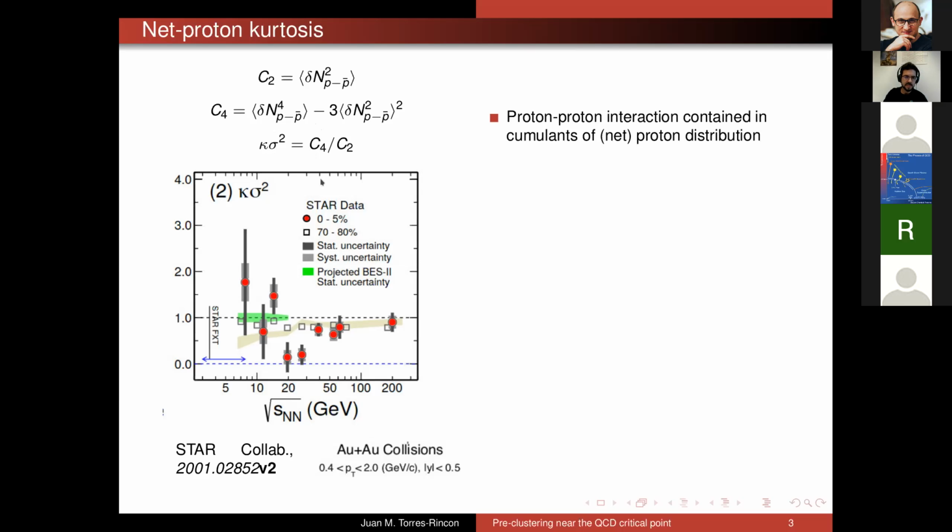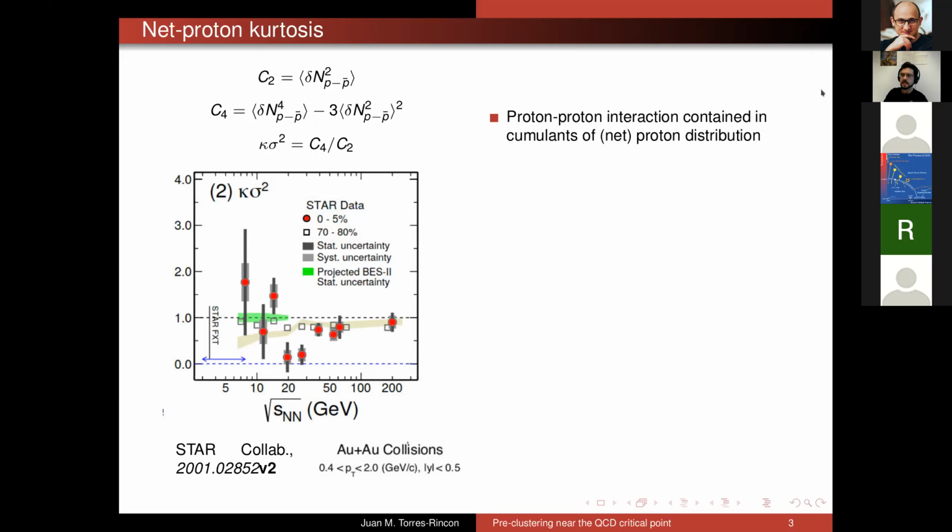This is the latest result from STAR data, where this kurtosis as a function of collision energy presents this kind of non-monotonic behavior. And this increase at low energies might be some indication of the presence of the critical point.